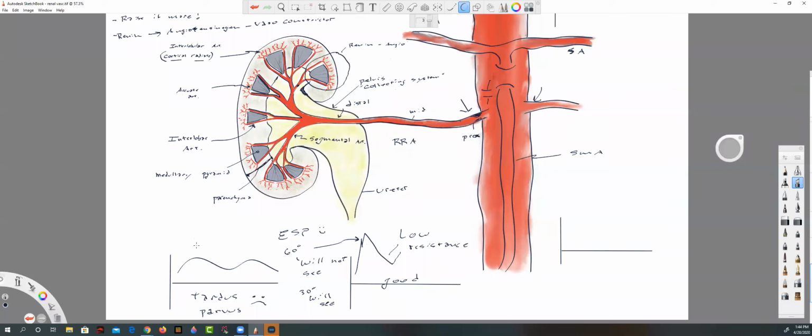What defines tardus parvus? Well, the rounded top. There's definitely no early systolic peak, but not only is there not an early systolic peak, there's not even really... Tardus means late, and parvus is slow. But in any case, tardus is late.